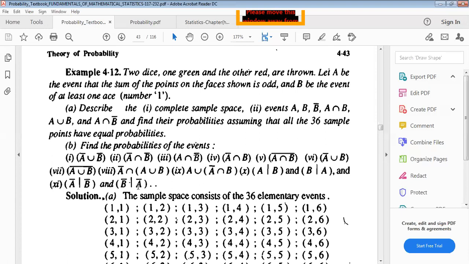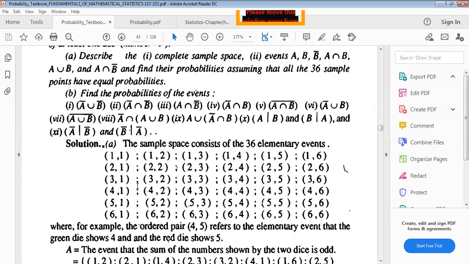This is the probability. Now the sample space consists of 36 elementary events because in one die there are 6 outcomes. This is why in 2 dice there will be 36 events. That means in the first die 1 may come, and in the second die 1 may come. In the first die 1, in the second die 2; in the first die 1, in the second die 3.